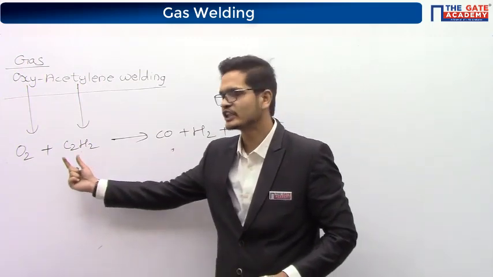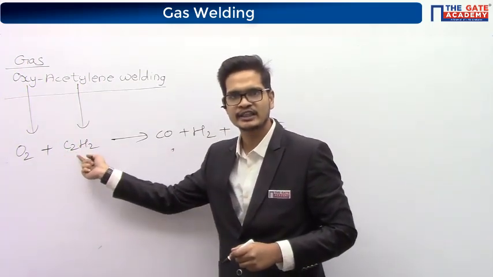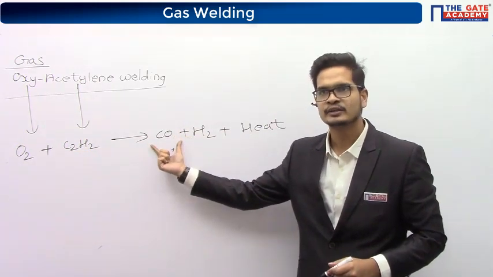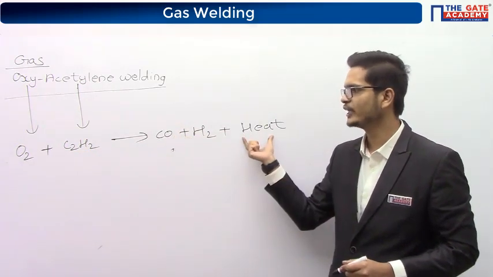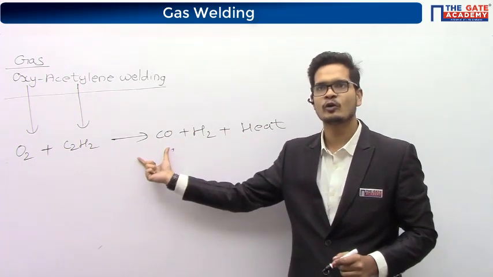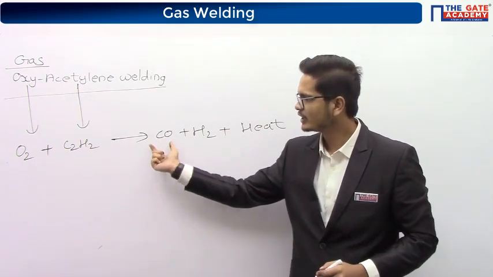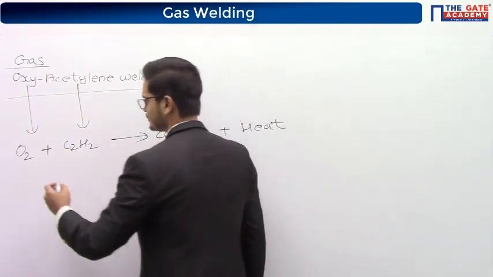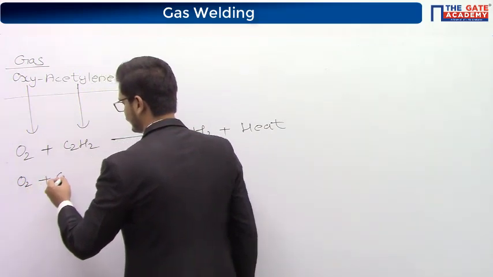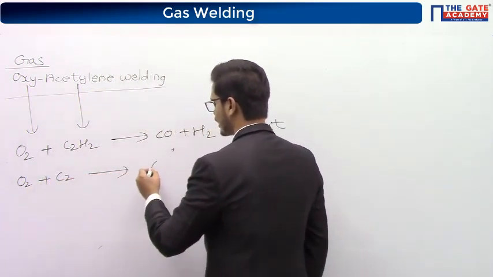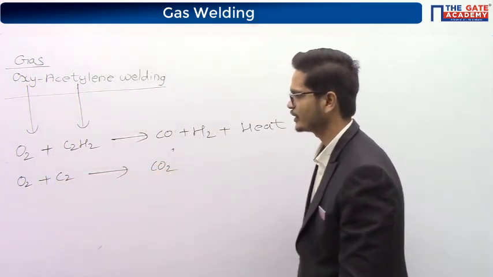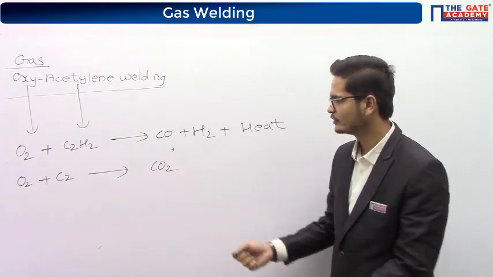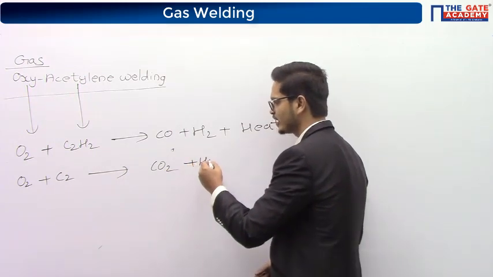As of now, just some carbon of the acetylene has undergone combustion. So we have got carbon monoxide, and because of the combustion, we have got heat. But carbon monoxide is not very stable. It will again react with the oxygen and we will get carbon dioxide, and when we get carbon dioxide, we'll get heat again.